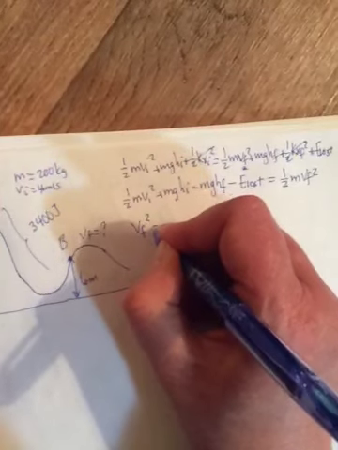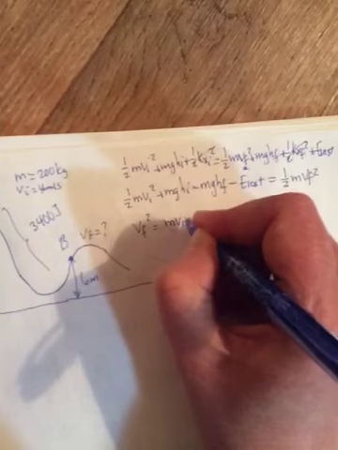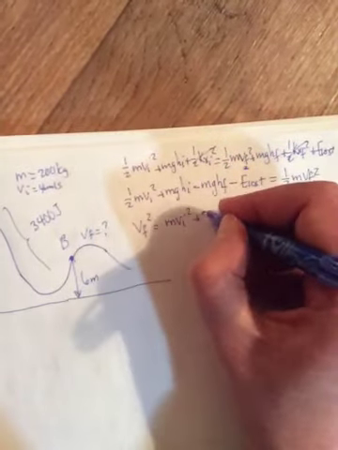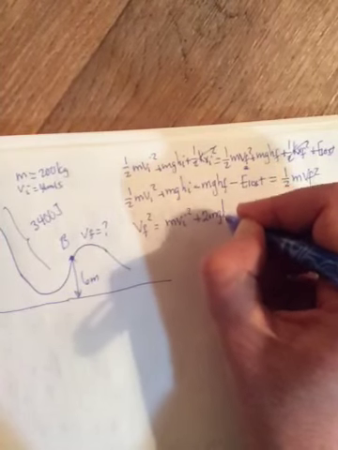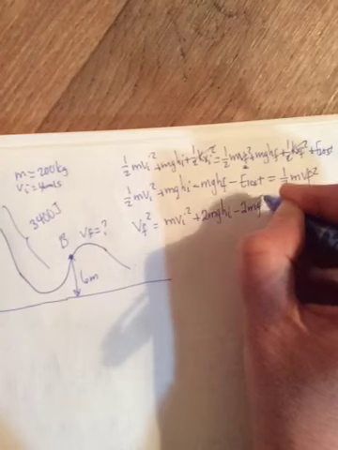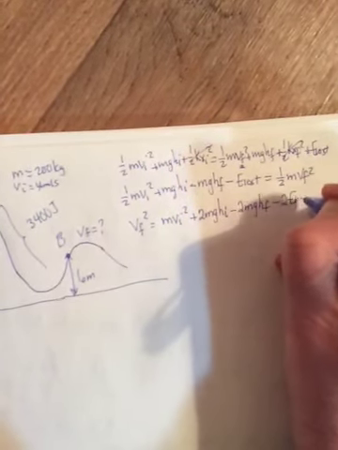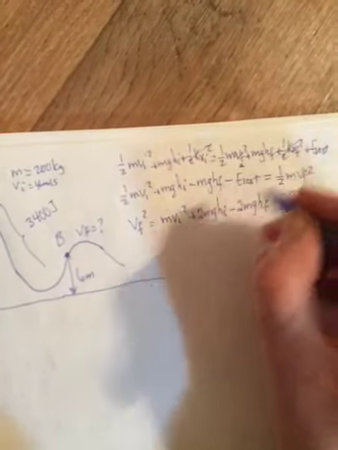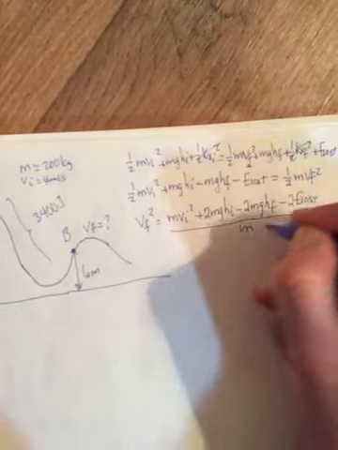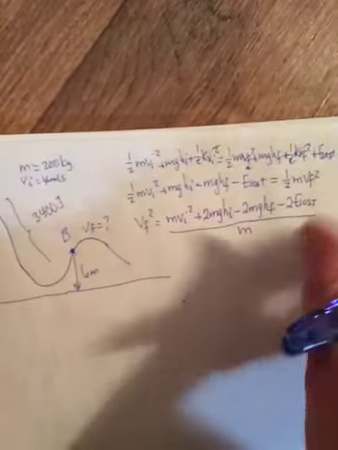So we'll get V final squared equals, multiplying this term by 2, it'll be mv initial squared, plus 2mgh initial minus 2mgh final minus 2 E lost. Okay, that's because we were getting rid of that 1/2. And then divide by m. And yes, you could divide by the 1/2 on the bottom. I just find that people tend to screw the math up when they do that.